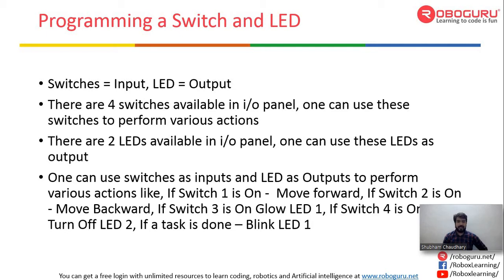So switch 1 can be used to make the robot go forward, glow an LED, write something on the LCD. All these switches are programmable. You can use any switch to program anything. Any switch as input can be used to drive some output like LED, motor, moving the robot, all of that.